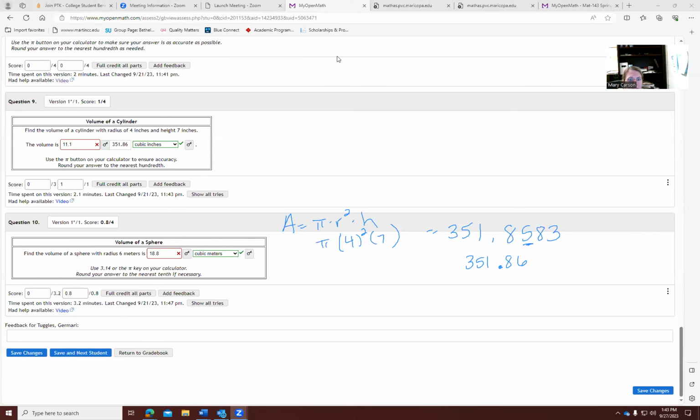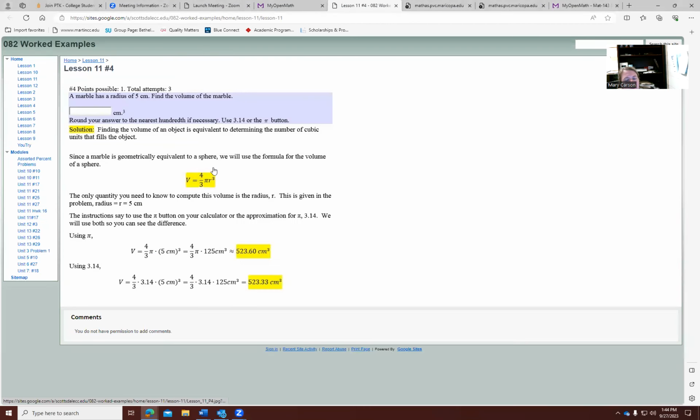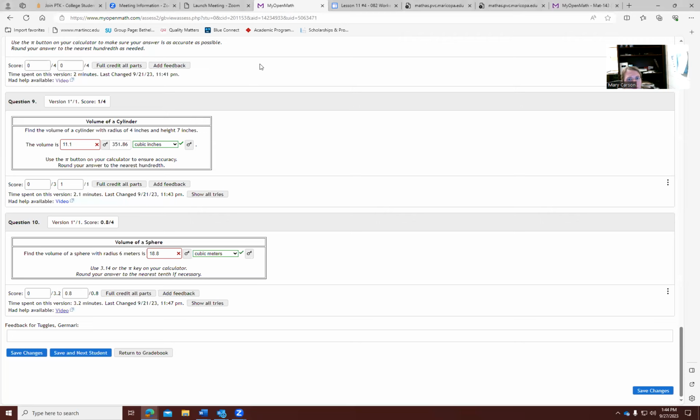And then the last question is the volume of a sphere. That formula is in the same video, so you can take a look here. Yeah, volume of a sphere is 4/3 pi r cubed.